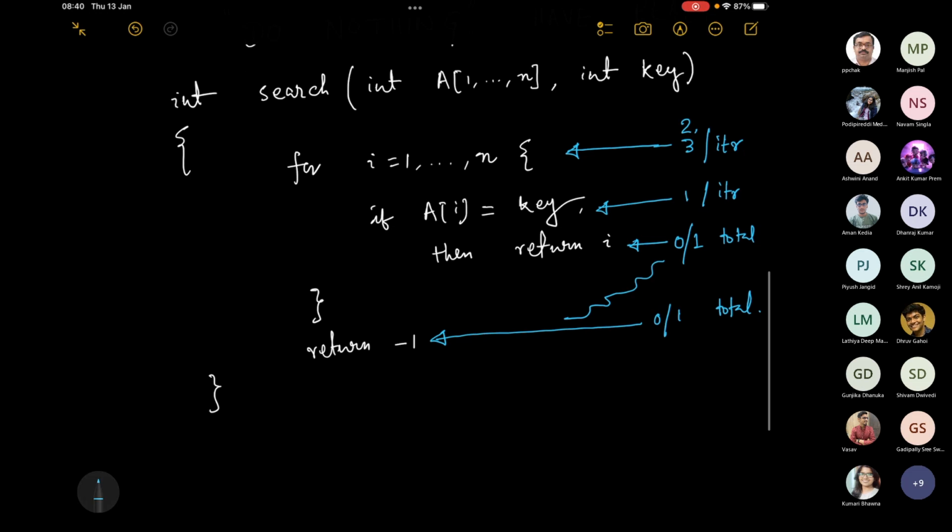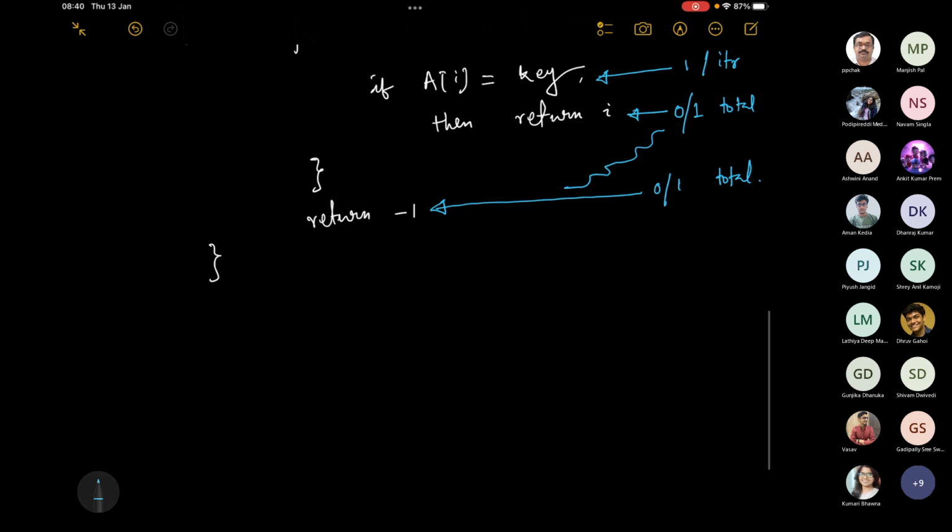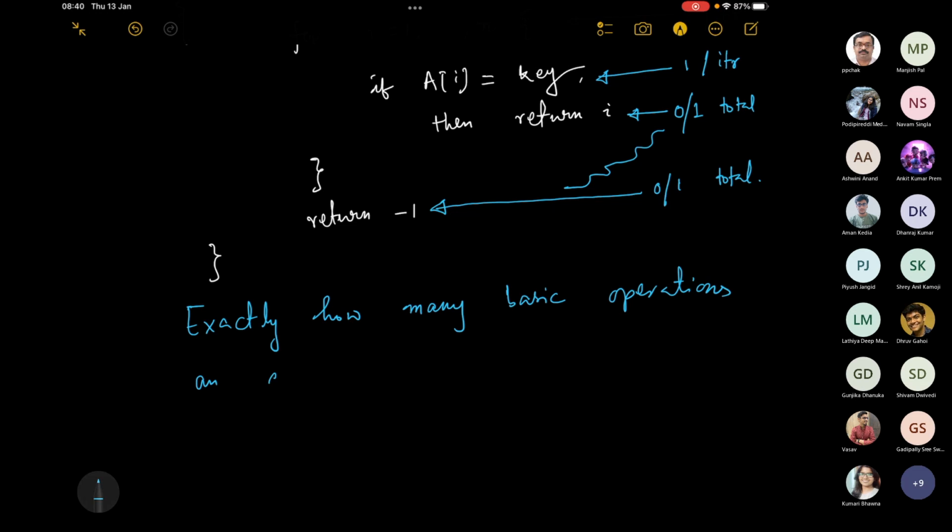Now, exactly how many basic operations does an algorithm perform?